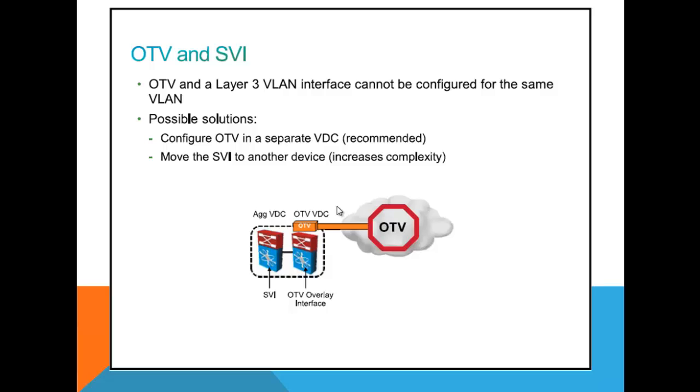The other says no, I'll take and encapsulate it. The two on the same device. One says this VLAN 200 is extended over OTV. The other says I don't mind, I don't understand what is OTV, I'll send like this. So that will be a conflict. So it is recommended to keep it separate. If you want to have same VLAN 200 for SVI and for OTV, then do it on two different devices or two different VDCs, two different virtual devices on same physical device.